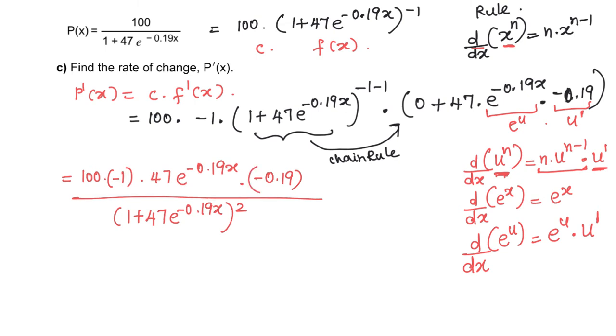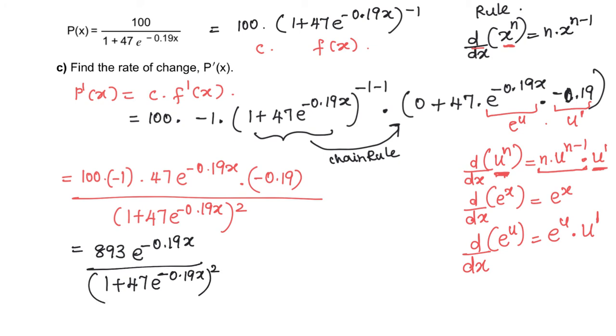I can multiply these constants and I will get 893 e power negative 0.19x in the numerator, and the denominator is 1 plus 47 e power negative 0.19x, whole squared. So this is the rate of change of p of x, or we can say p prime of x. Part D is sketch the graph.